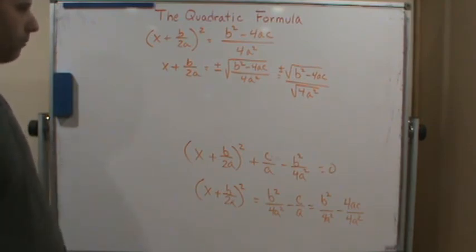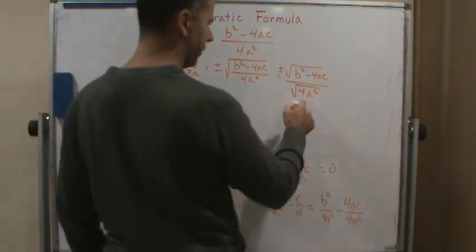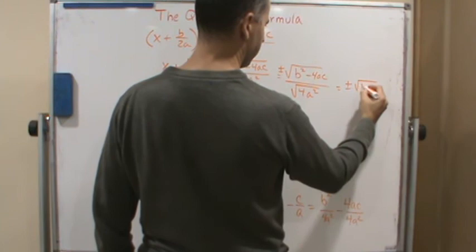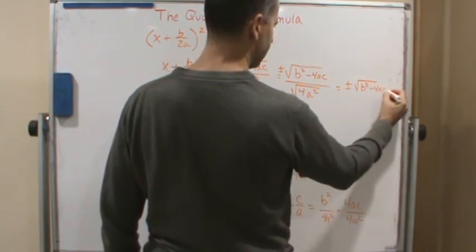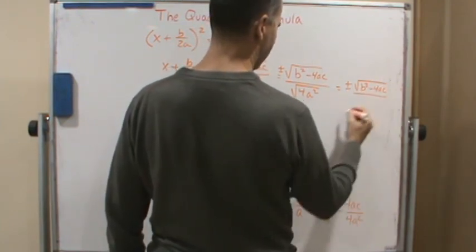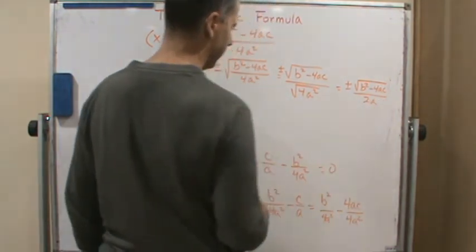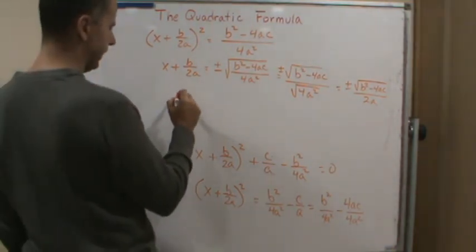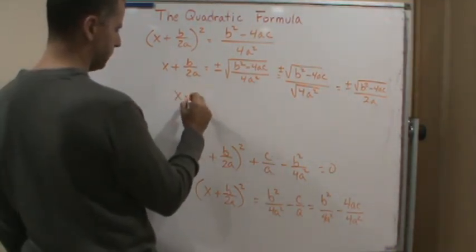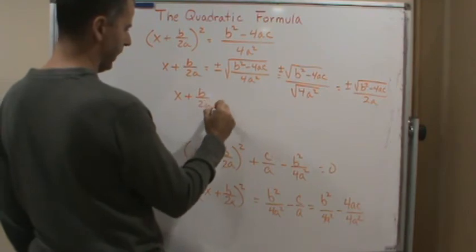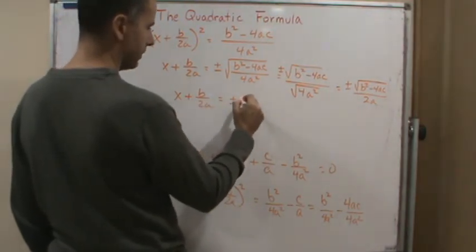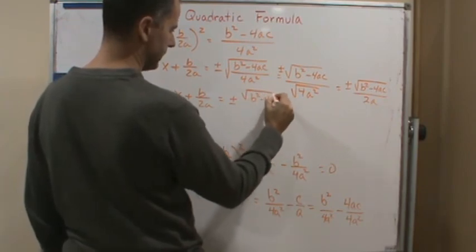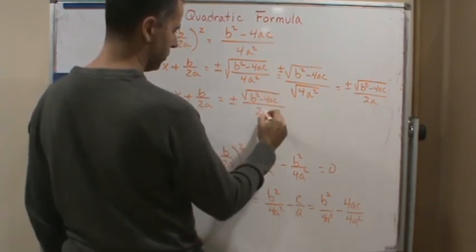Okay? And so this becomes plus or minus the square root of b squared minus 4ac over 2a. So now I get x plus b over 2a is equal to plus or minus the square root of b squared minus 4ac divided by 2a.